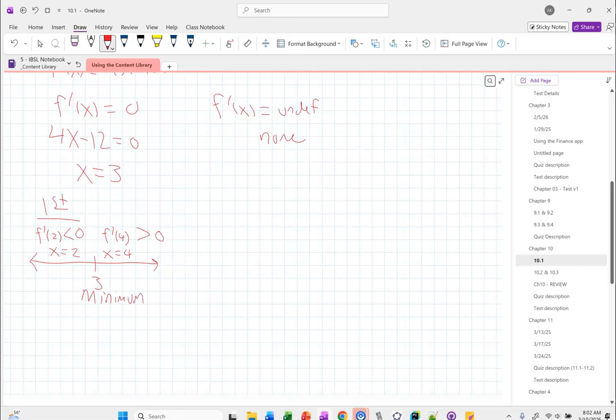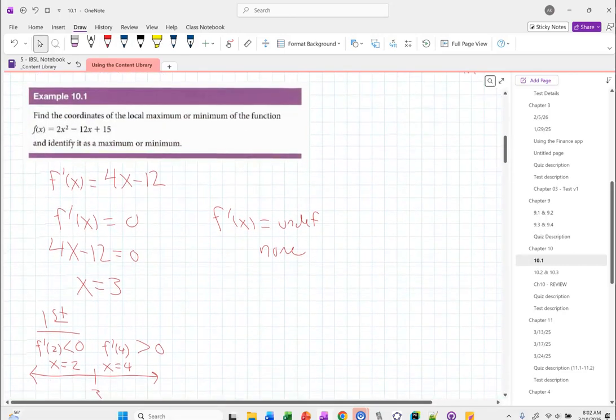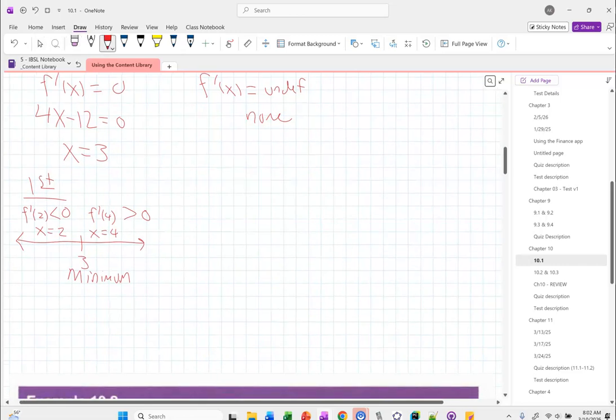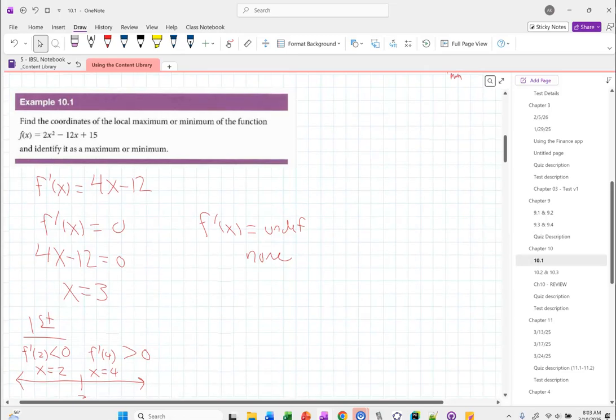Now, careful on the question because it asks us for the coordinates. So we know the x-coordinate of a minimum is at 3. We also need the y-coordinate now. How do I get the y-coordinate? I use the original, right? I just plug 3 into this.